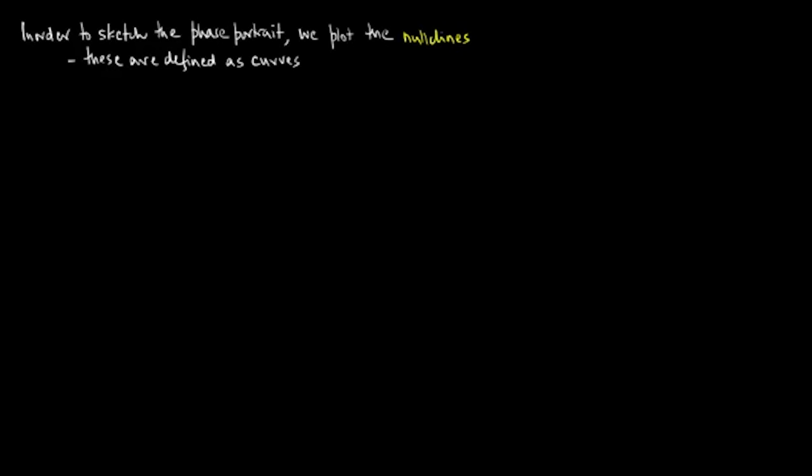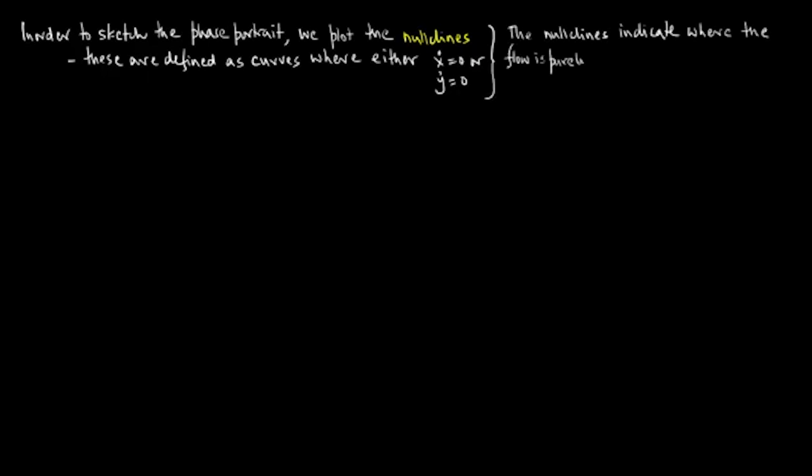Now in order to sketch the phase portrait, we plot the null lines. These are defined as curves where either x dot is equal to 0 or y dot is equal to 0. The null lines indicate where the flow is purely horizontal or vertical.